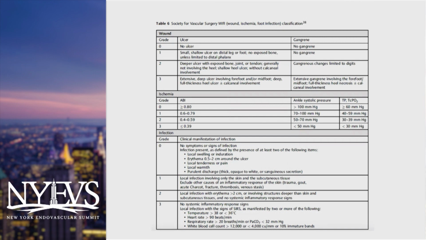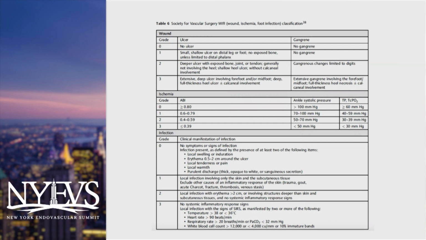Then we have the WIfI classification, which is a useful way of looking at how obstructive disease affects the leg. Basically it has three components: wound, ischemia, and foot infection. It has different grades of ulcer, ischemia, and infection.